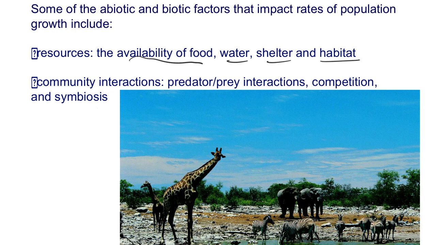Those will limit population growth if not enough of it is available for the population. And then community interactions, those are biotic features, like I already said, predator-prey, competition, and symbiosis, particularly parasitism.